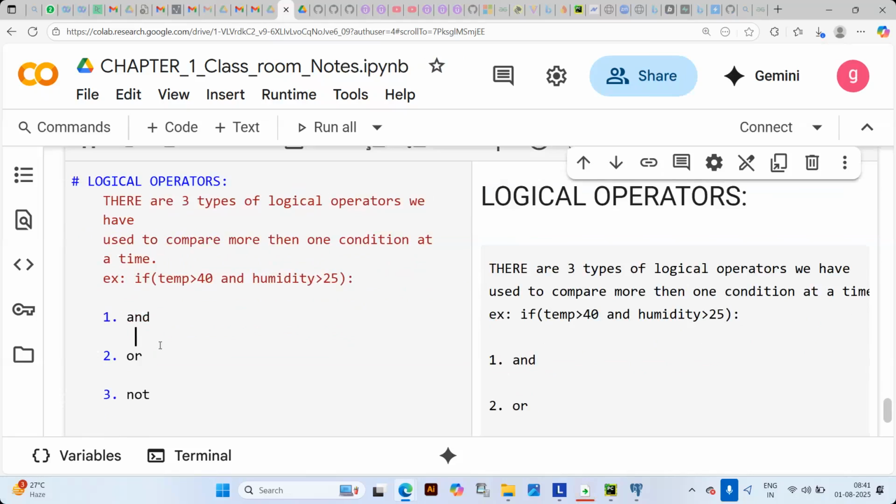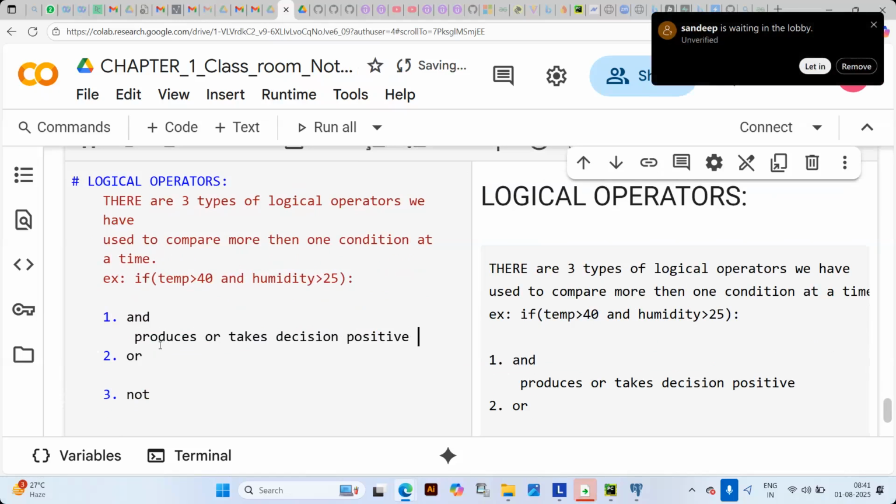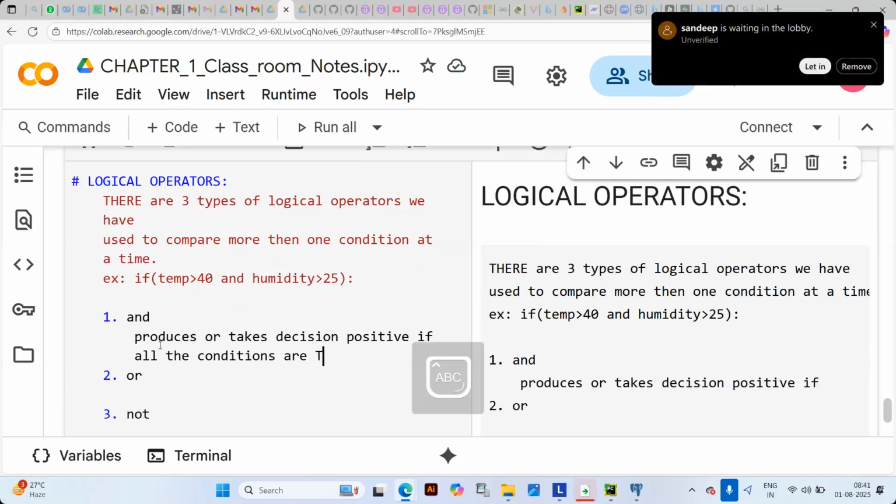Logical AND operator takes a decision positively, that is, produces true, if all the conditions are true.